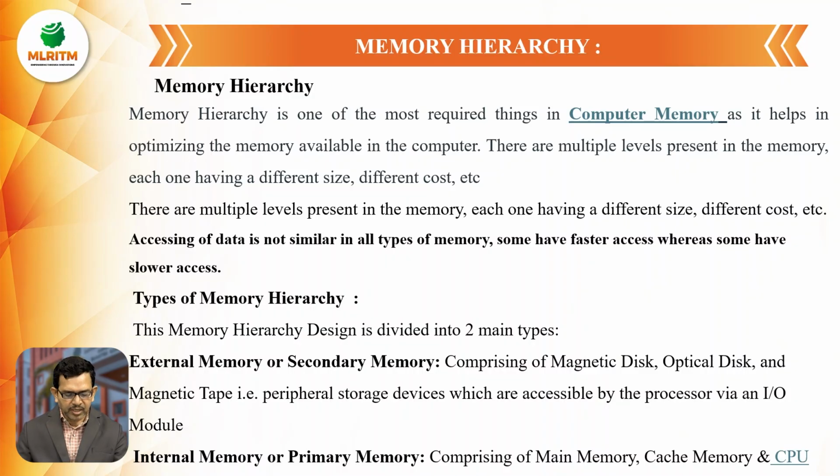Now we'll see what the basic types of memories available in a given computer are. First, we consider external memory or secondary memory, comprising magnetic disks, optical disks, magnetic tapes and other external sources used for storing data. Such components have different names, different sizes and different costs, and we can get these components and attach them to the computer.